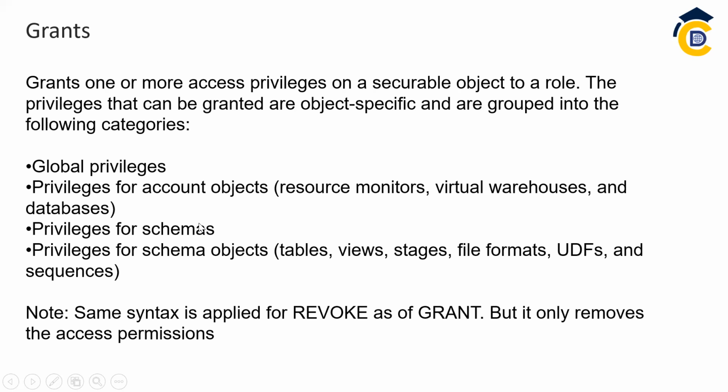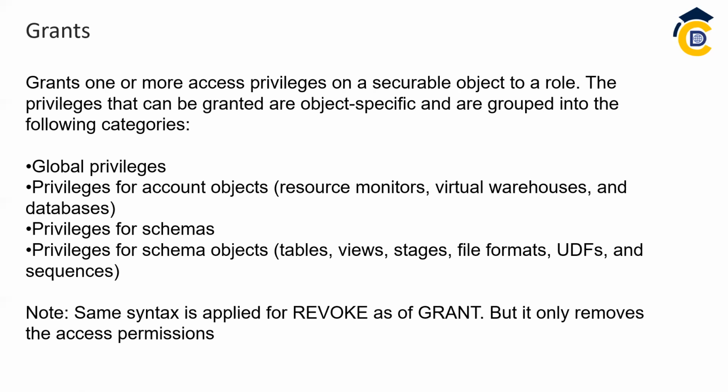Schema comes under database. Then you will have privileges for schema objects, that is table privileges. You will have view privileges, stage privileges, whatever comes under schema objects. And the same syntax is applied for revoke as for grant. So instead of grant, you can say revoke, and instead of to, you can say from. It does the vice versa. It removes the access. That's all.